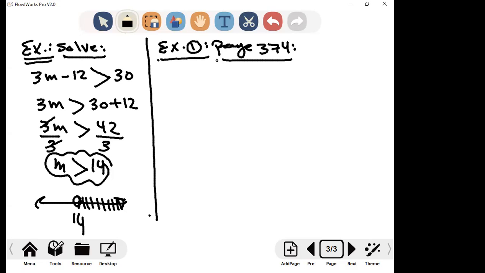The question said solve negative 5x minus 12 less than or equal 8. Less than or equal 8.